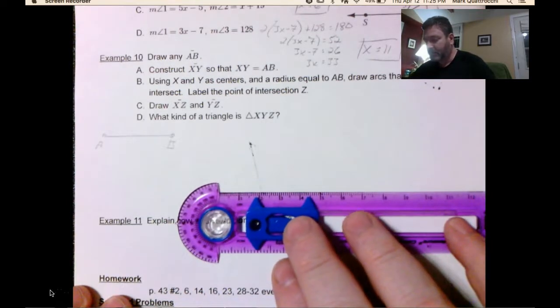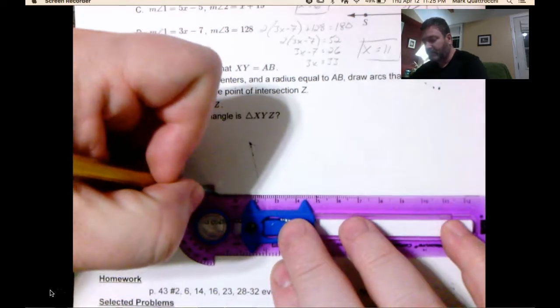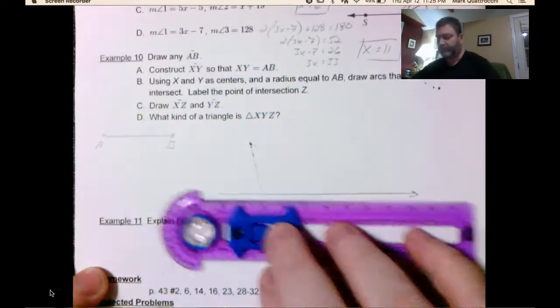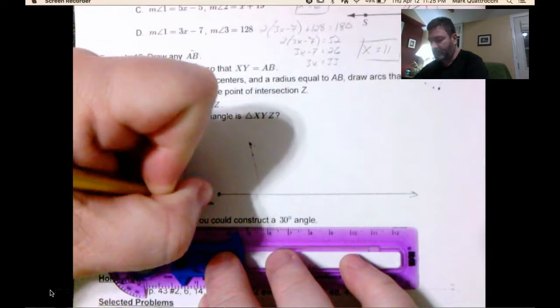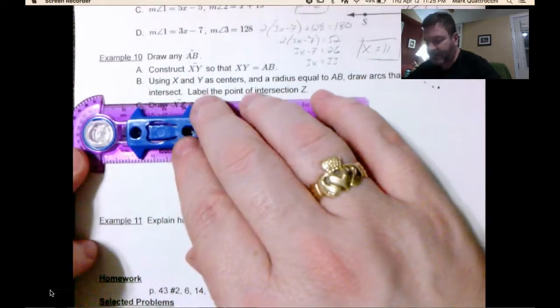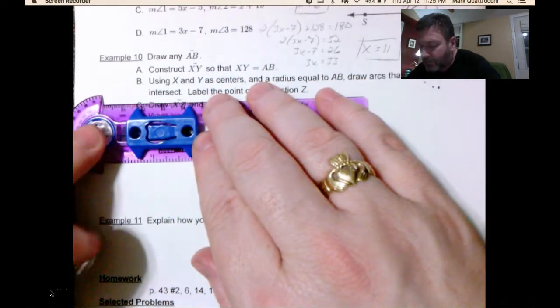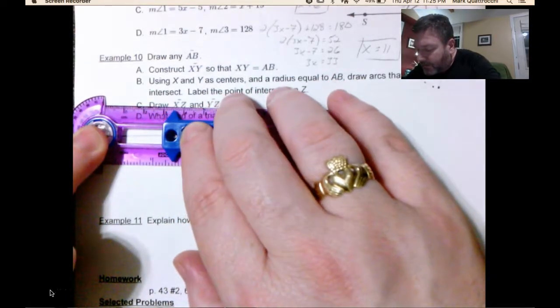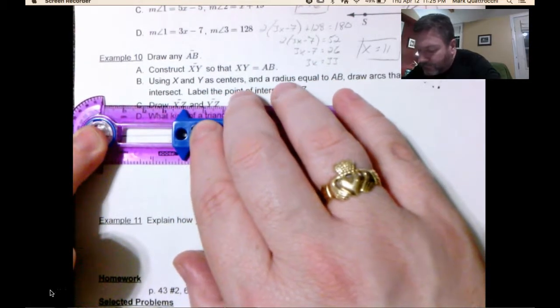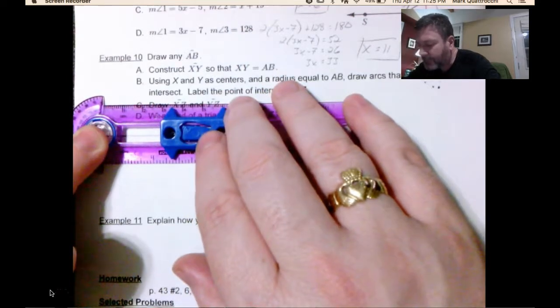Okay. Well, I'm going to need a ray to do that in front. This will be point X. I'm going to set my radius equal to AB here. Where's B? There it is.